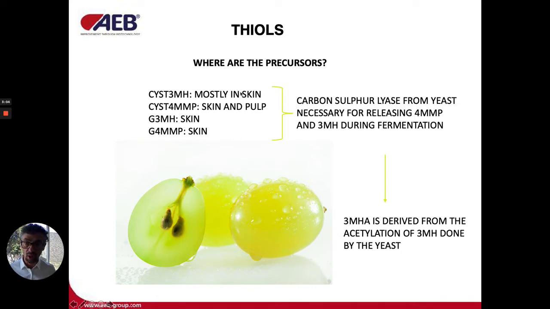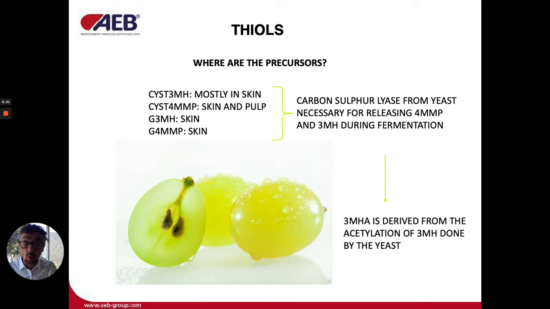To get them off from the precursors, what is needed is an enzyme. We call it CSL, a carbon sulfur lyase, that normally is released by the yeast, as part of the metabolic process of the yeast. Certain yeast have it more enhanced, it is part of their genetic encoding.